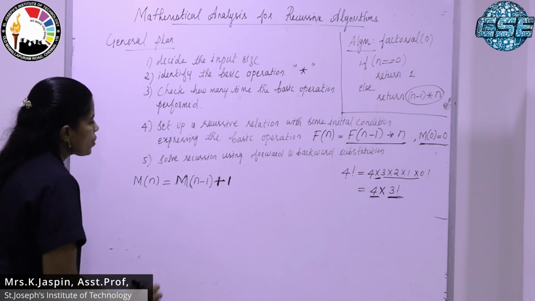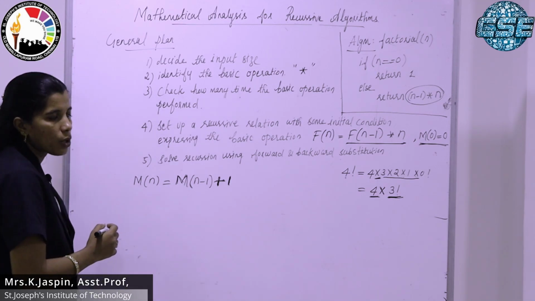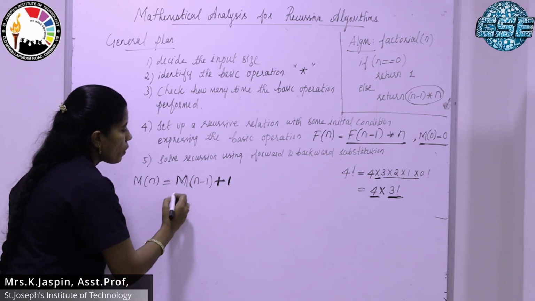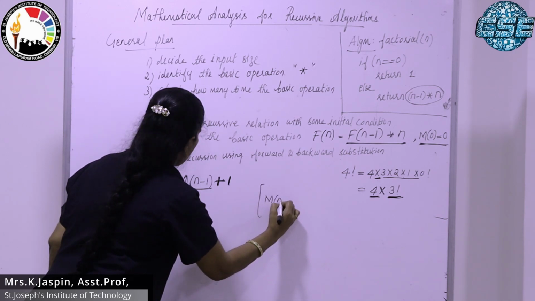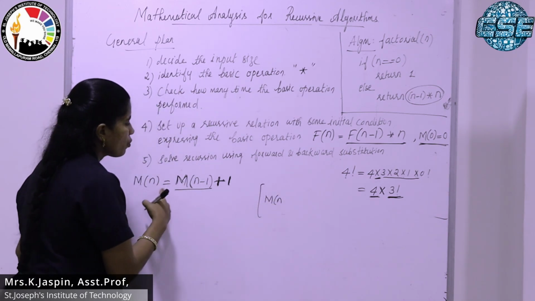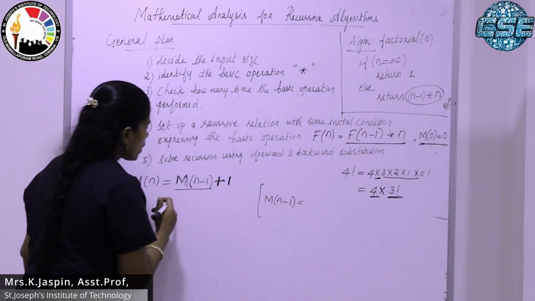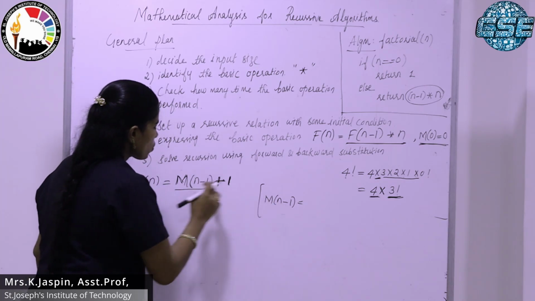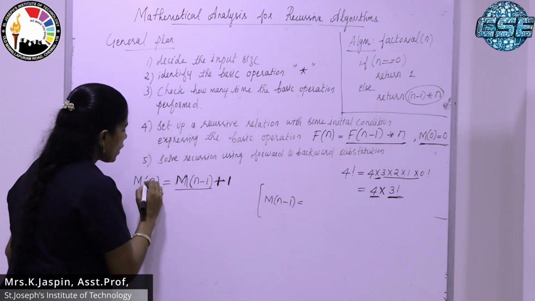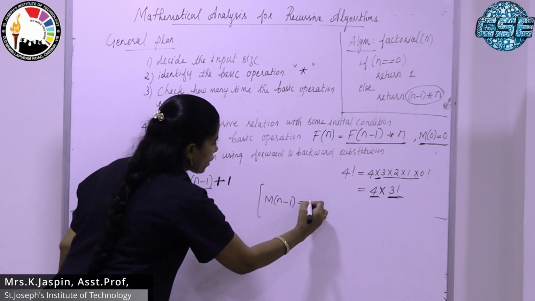In order to solve this, I am going to apply the backward substitution. I need to derive the term m of n, and for that I need to calculate m of n minus 1. So instead of the value n, I need to apply n minus 1.